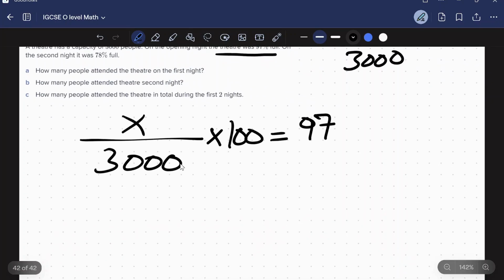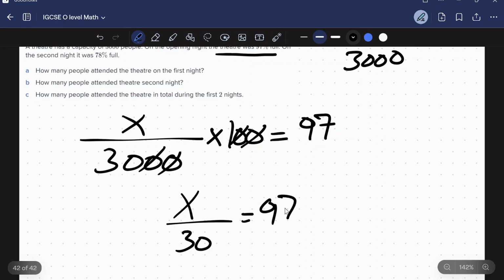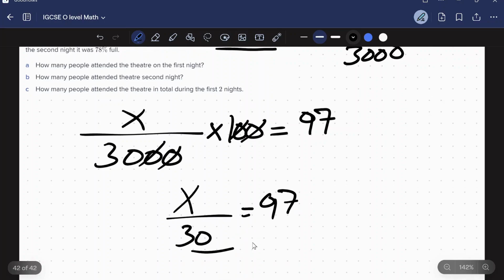Now let's simplify. We can cancel these two zeros because they are in multiplication and division simultaneously. And now it's easy, because x over 30 equals 97. Now what can I do? I can take this 30 to the other side of the equation because it's in division, so it will be in multiplication now.